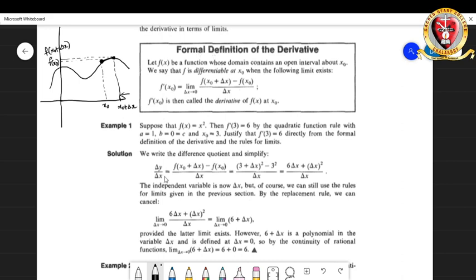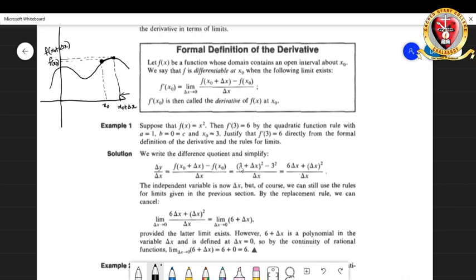So the difference quotient is written delta y by delta x is equal to f of x naught plus delta x minus f of x naught divided by delta x, that is equal to, we have f of x is equal to x square, right? So when it is 3 plus delta x, you have 3 plus delta x whole square minus 3 square divided by delta x.